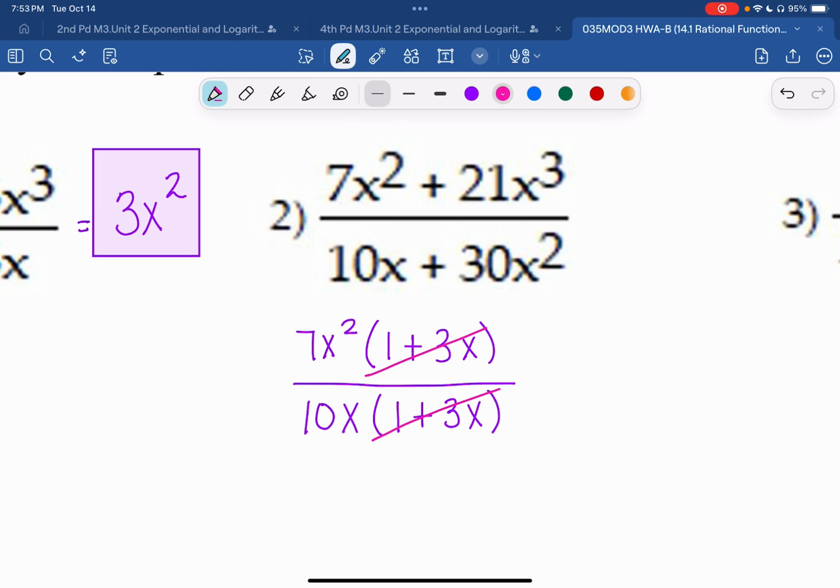So when I do that, I'm left with 7x squared over 10x. Well, I can continue reducing that as well because this x and this x cancel, which would make that just 1x on the top. So I am just left with 7x over 10.